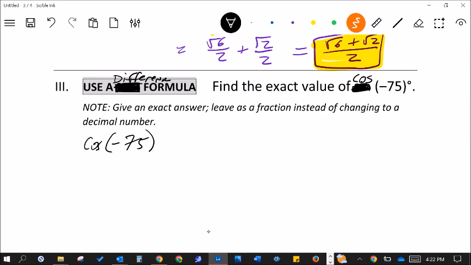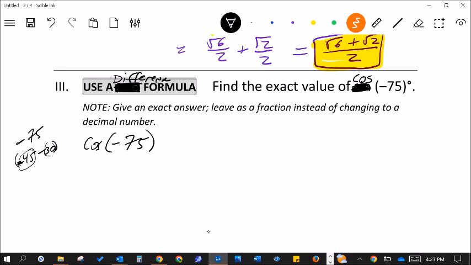Now, one way to do it is to take 75 and play with numbers that would make 75. So for instance, we know that 75 would be equal to 45 plus 30. Well, that means if I made it negative, I could just make these two negative and I would get that too. So I could do negative 45 and negative 30. However, for the purpose of putting in the formulas, we would have to see that A is negative 45 and that would be minus 30.